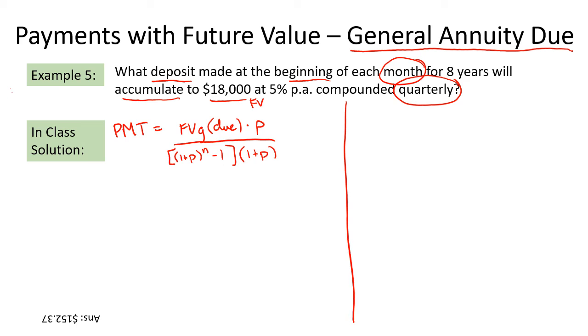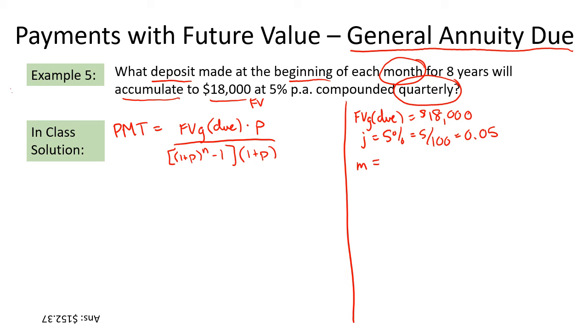So again, sidebar here, what do we know? We know our future value for this annuity due. We know it's trying to accumulate to $18,000. We also know our nominal interest rate, J, is 5%, which is 5 divided by 100, removing the percentage sign, or 0.05.